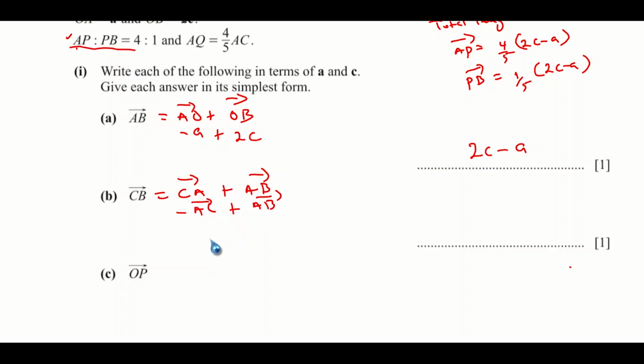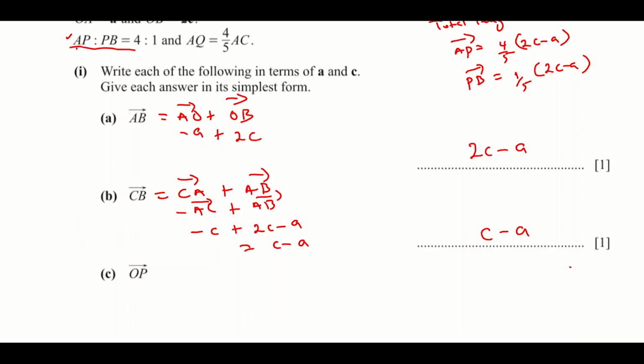This would be minus C, then plus AB, which is 2C minus A. If you solve this, it should be equal to C minus A. So we have C minus A as the final answer here.